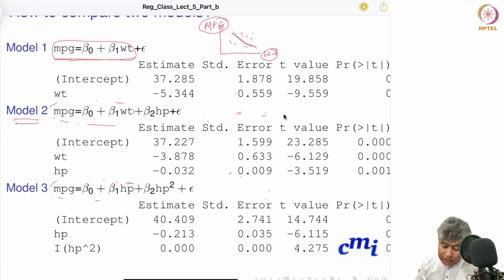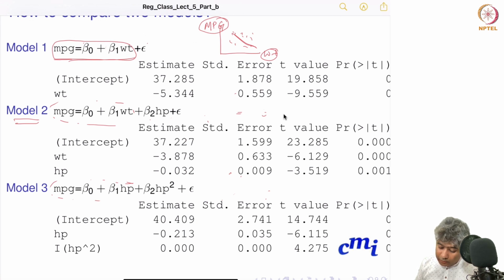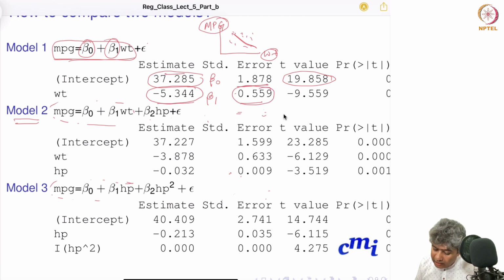Now if you look carefully, these are the estimates of beta naught, and this is the estimate of beta 1. So this is my beta naught, this is my beta 1, and this is the standard error. The estimate divided by the standard error will give you the t value. Similarly, minus 5.344 divided by 0.559 will give you negative 9.559.